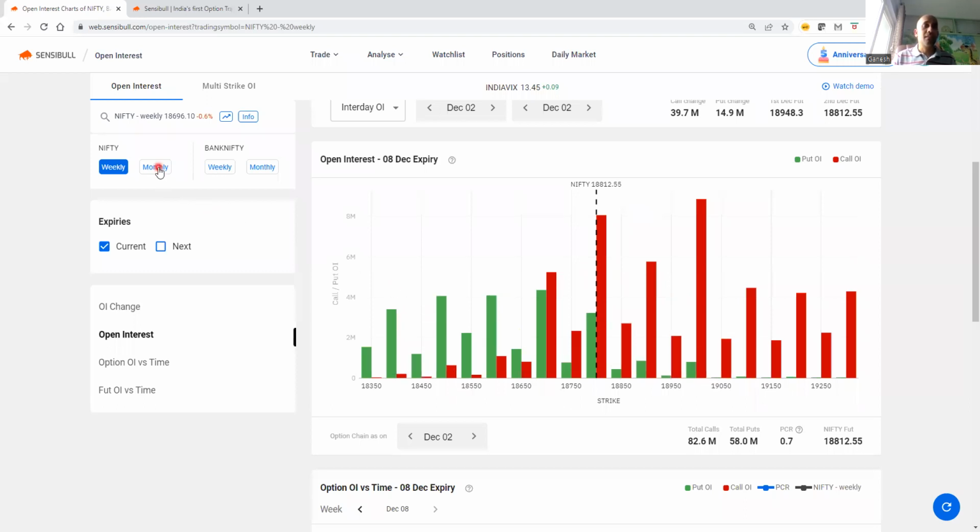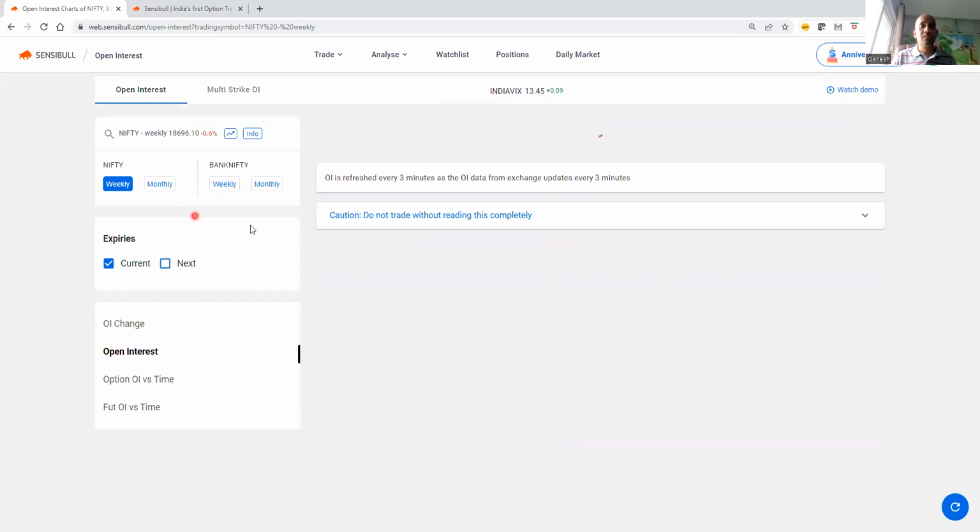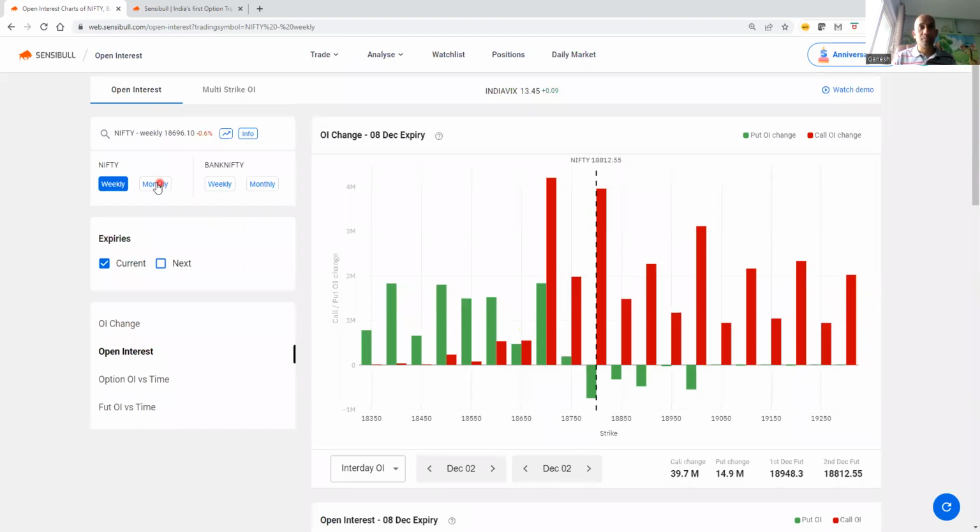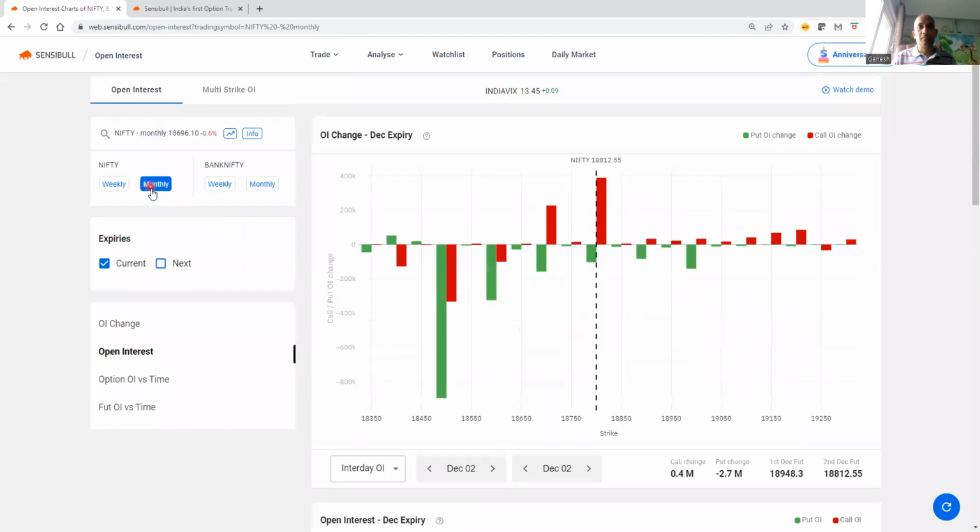Let's say I want to see monthly. This was weekly; I want to see the monthly Nifty range. You can choose the current month. Monthly, what happens? More puts are unwinding and moving forward.